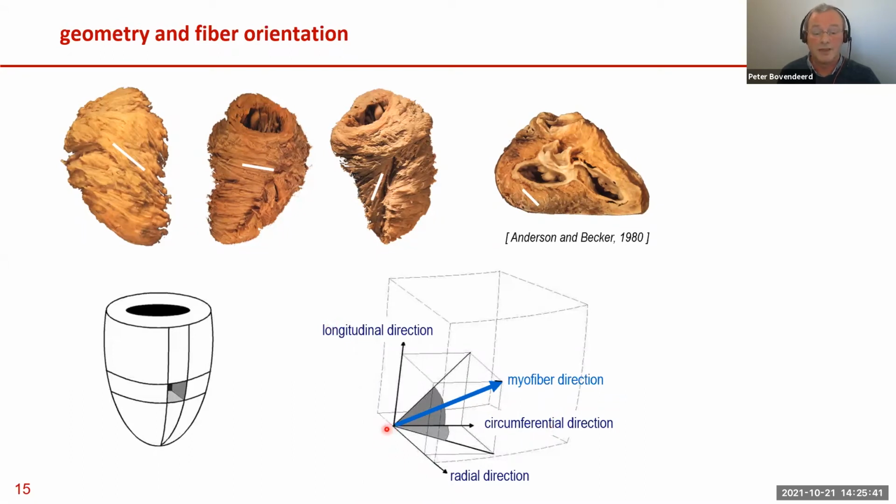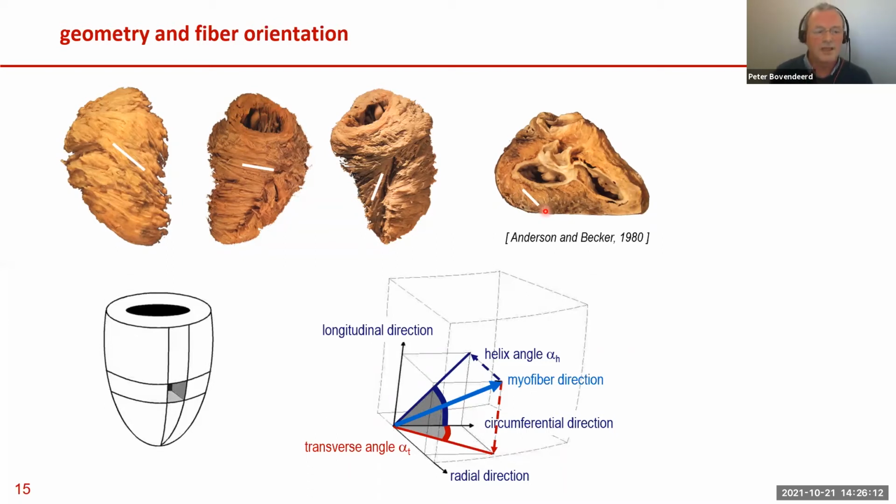If we now want to quantify the orientation of the fiber, we can project the fiber vector onto the backplane here, and then the angle of this projection with the circumferential direction is called the helix angle. We can also project this fiber vector onto the bottom plane, and then we can define the transverse angle, indicating how fibers proceed from the inner wall to the outer wall.